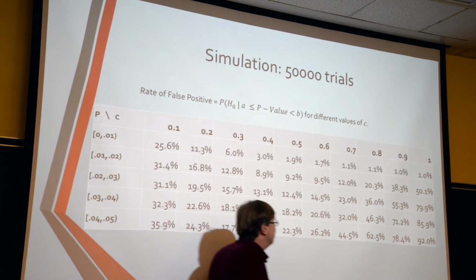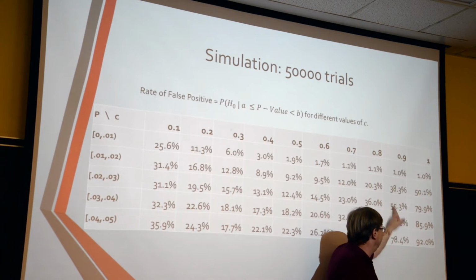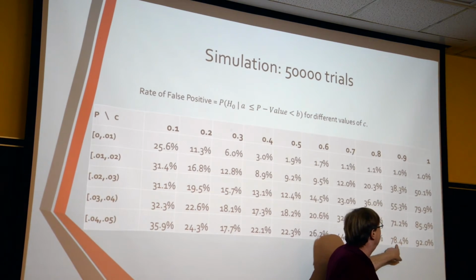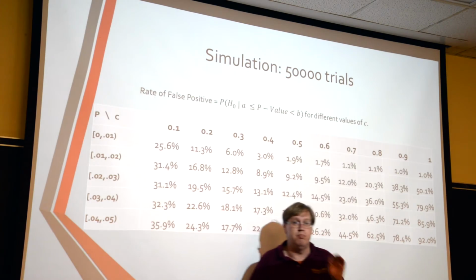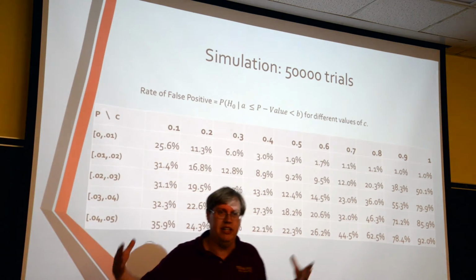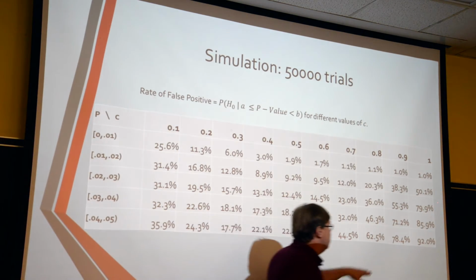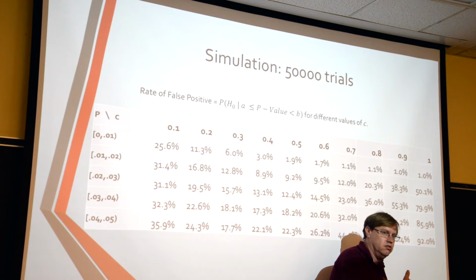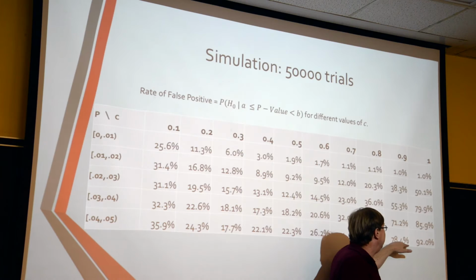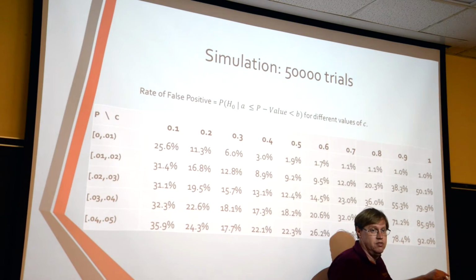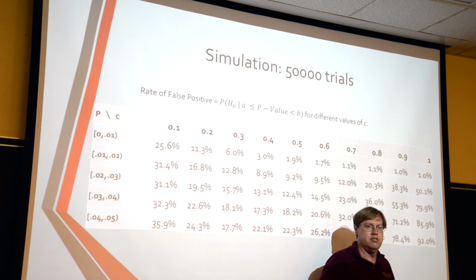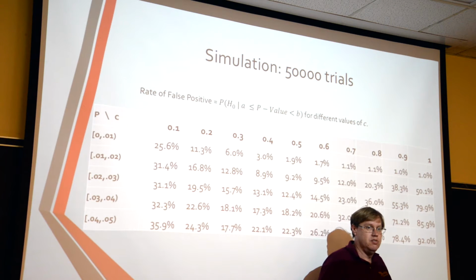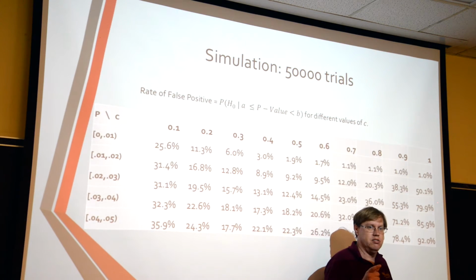So the one I'm going to look at is this column, this one and this one. When C is 0.9, so that's a pretty big difference, and I look at those p-values that just barely rejected, 78% of them are from the null hypothesis. Very few of them are from the alternative hypothesis.